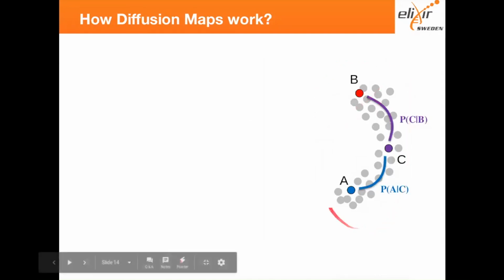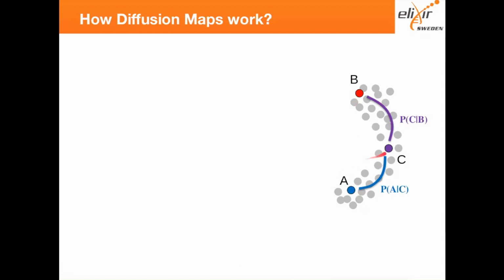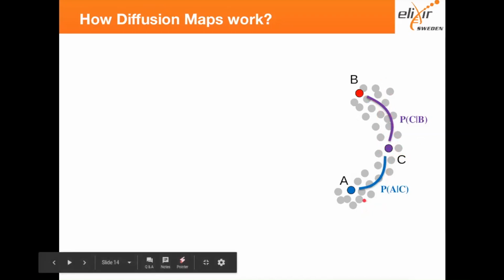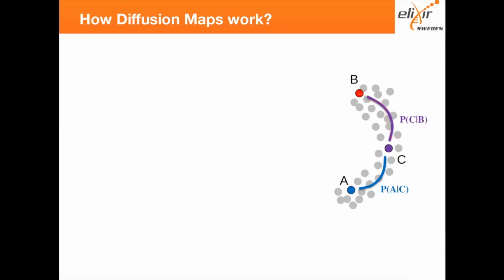So let's imagine now that you have points A and B at the extremes of a developmental path, and you have an intermediate point C, it doesn't really matter which one, as long as it's in the same number of steps from A and B. And you have the probability of going A to C and the probability of C to B. If the distance between B and C, in terms of probability, is the same as C and A, that means that those paths are well connected.